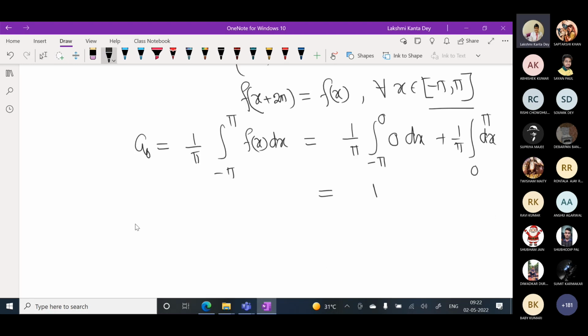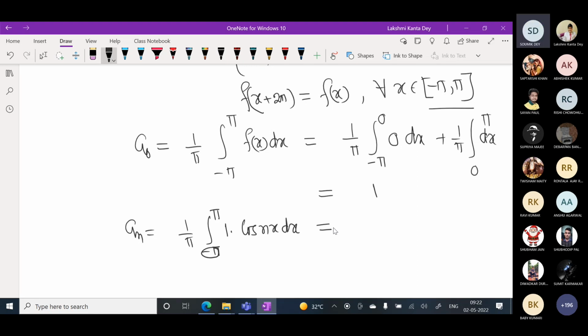Next, what is your an? An is 1 by pi, similarly minus pi to 0, this part is basically 0, so no need to write it. So it is 0 to pi of 1 into cos nx dx. So what is the value? Sine nx by n.